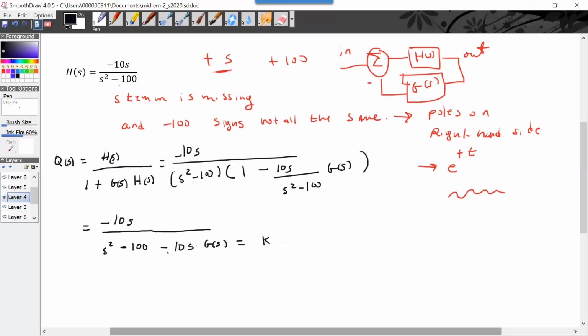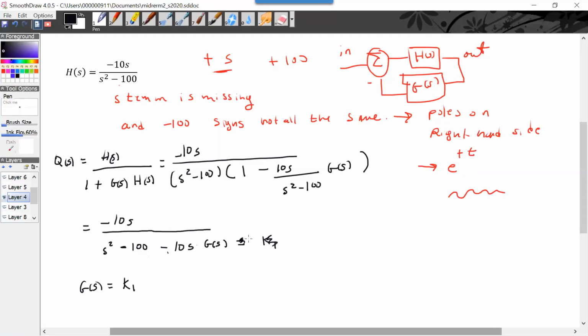There's going to be maybe K1, right? Because if I multiply K1 times minus 10, and K1 is negative, I can turn that positive.